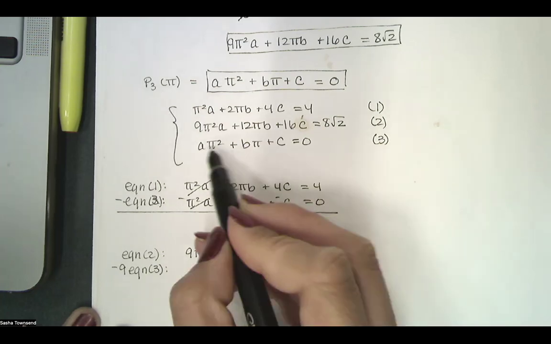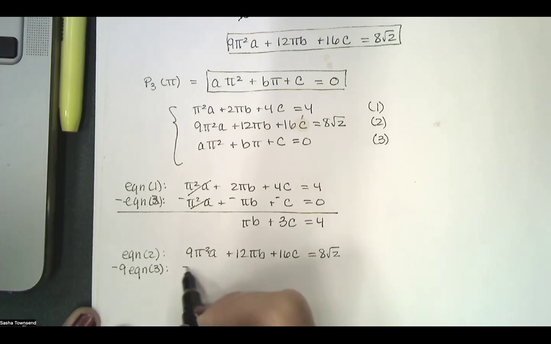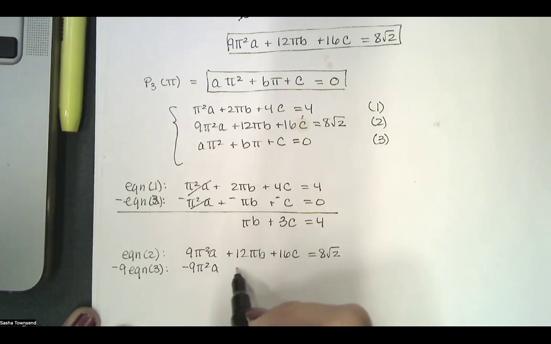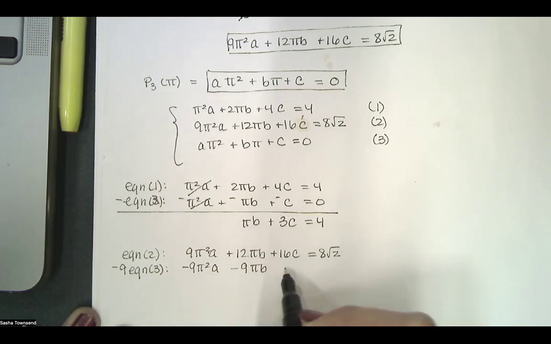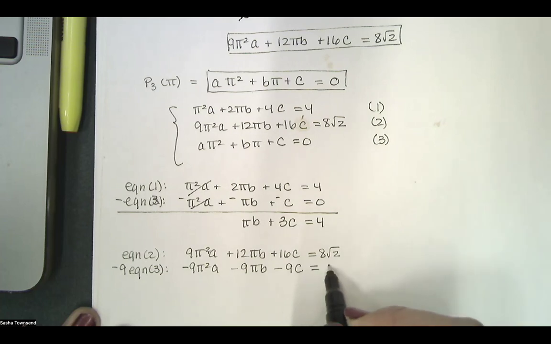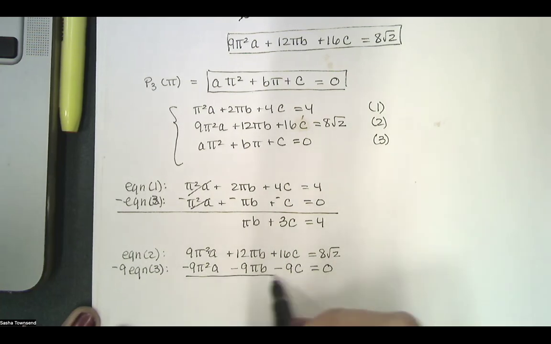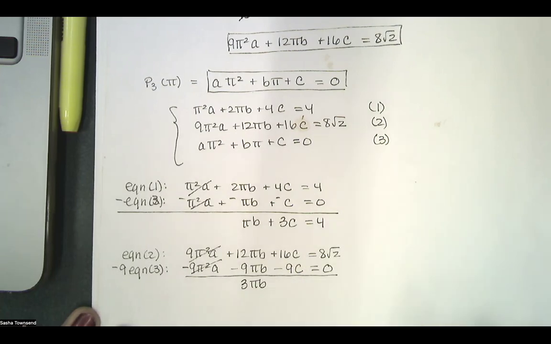And then if I multiply this by -9, I've got -9 pi squared a minus 9 pi b minus 9c equals 0 times -9, which is 0. These guys are gone. We get 3b pi there. And then 7c equals 8 times the square root of 2.